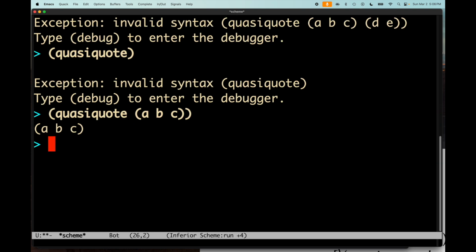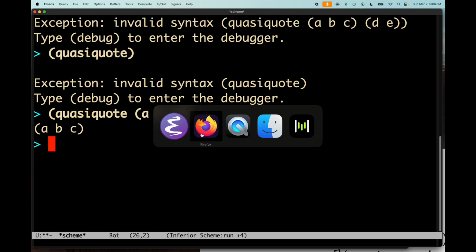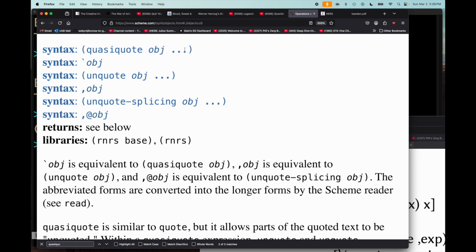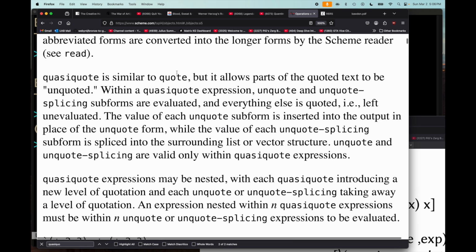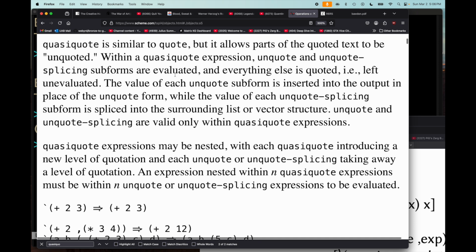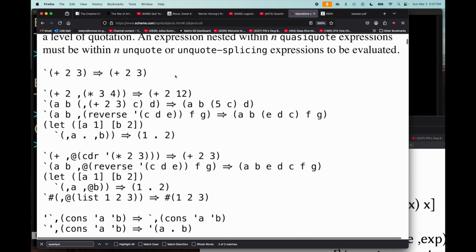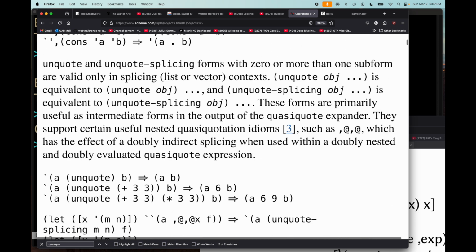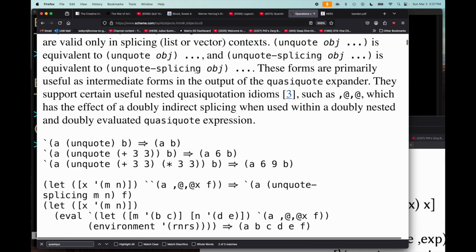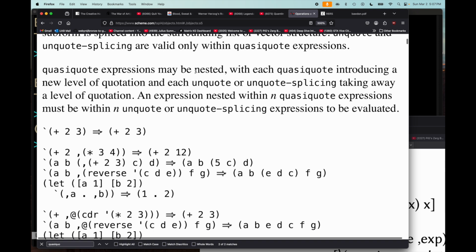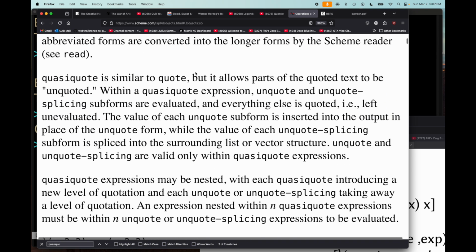Okay, now this is confusing me. I know what this syntax means with the ellipsis. And here they have examples. Yeah, so I am confused.